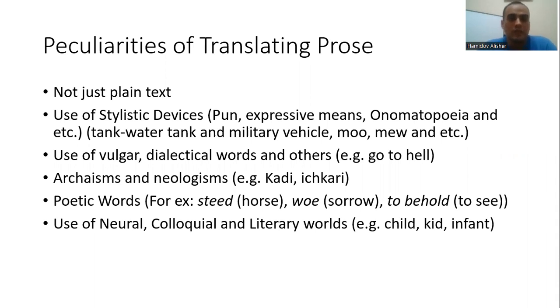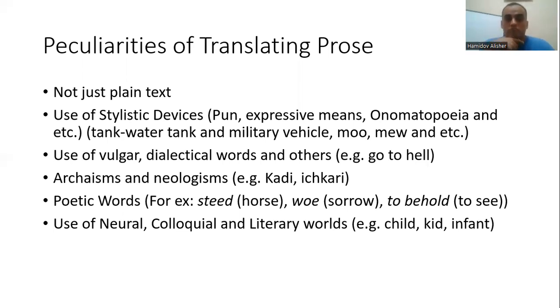It can contain various stylistic devices such as pun, expressive means, onomatopoeia, and so on. I can give you lots of details, but not to get you bored with this lecture, I just want to give you very briefly the most important parts of the lecture.